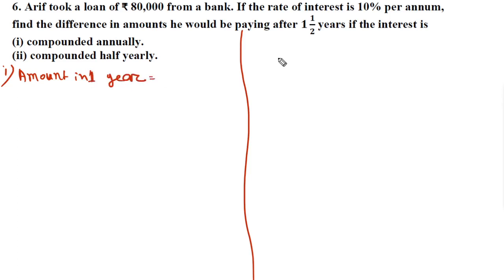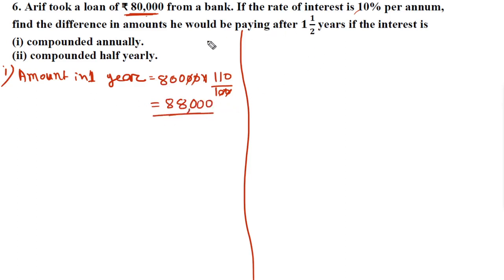So amount in 1 year will be, here if we suppose 100% is the principal, then 10% interest will be added. So 100% and 10%, 110%. So amount in 1 year will be 80,000 into 110%. So this will be the amount for 1 year. Now you can cancel 2 zeros. Then 800 into 110, it will be equal to 88,000. So this is the amount after 1 year.